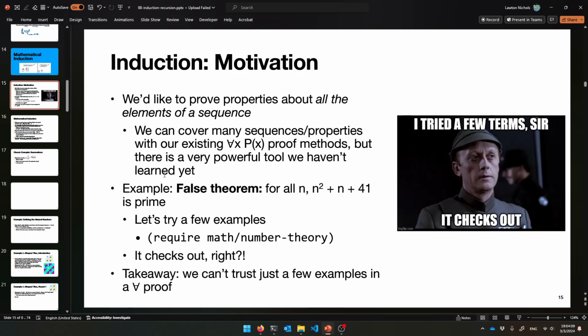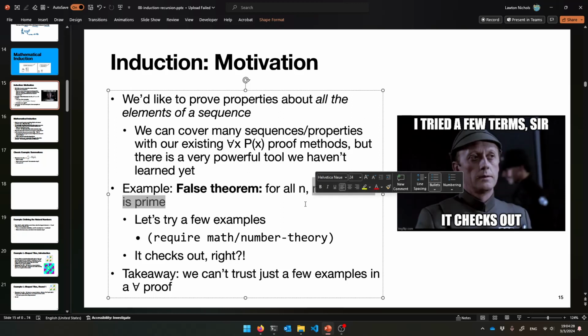The reason that you might want to prove something about a sequence is so you never get yourself mixed up thinking that one thing's true when it's not. So here's a theorem that's not true. It would be nice if it was. For every n, n squared plus n plus 41 is prime. This is a false theorem. All right, it's not true.